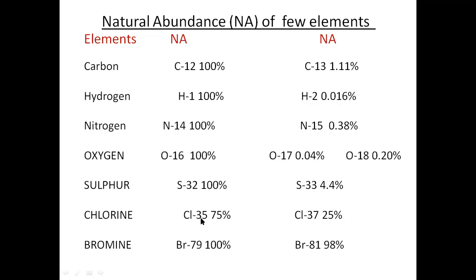Bromine is almost 1:1. Bromine's heavier isotope is 81, and the lighter isotope is 79. They are 1:1, or 100% and 98%, almost the same.